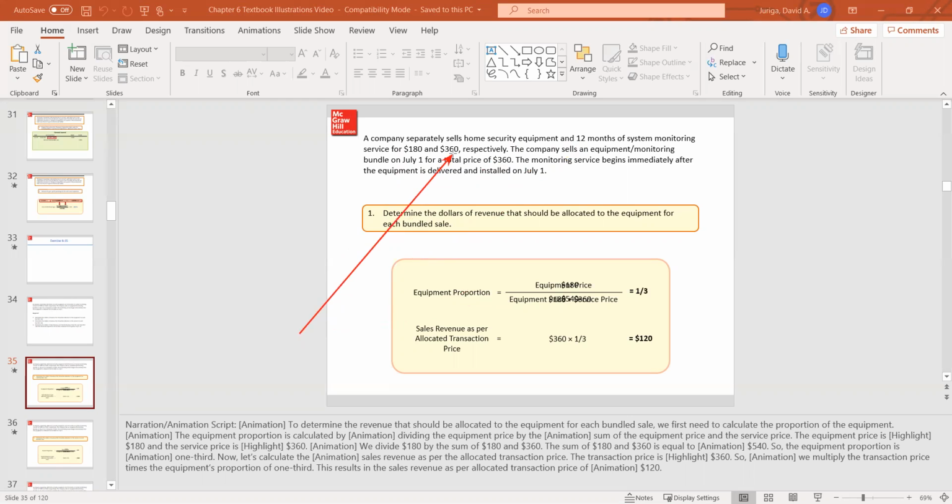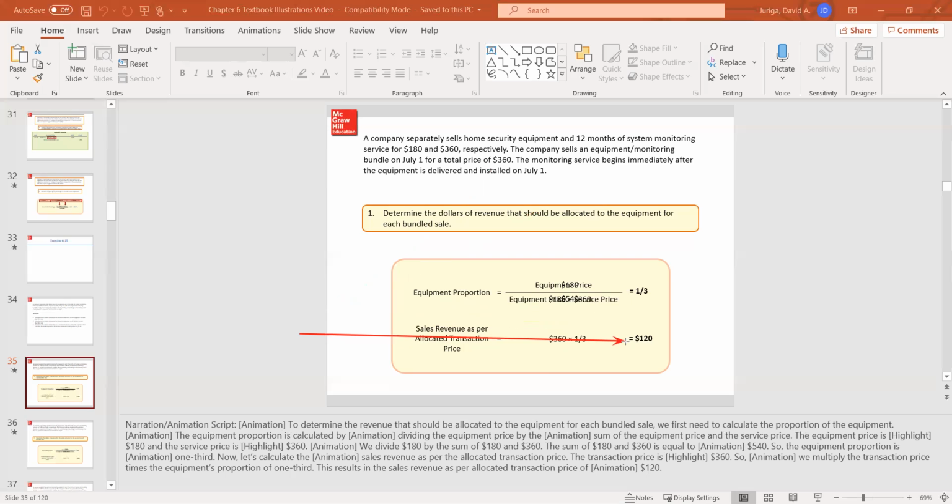So for the equipment proportion, the equipment's $180. So $180 divided by the total would be 1/3. Then of the total sale price of $360, you would just take $360 times 1/3, and that would be the amount allocated for the equipment, which would be $120.